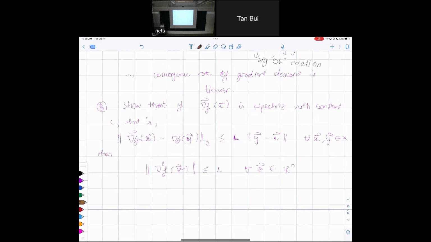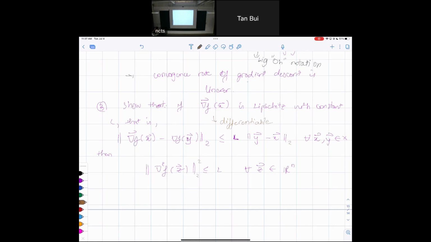So you don't need to assume the Hessian bound. All you need to assume is the Lipschitz continuity of the gradient. If you have Lipschitz continuity of the gradient, you automatically have this. That's homework for you. This is the L2 norm.